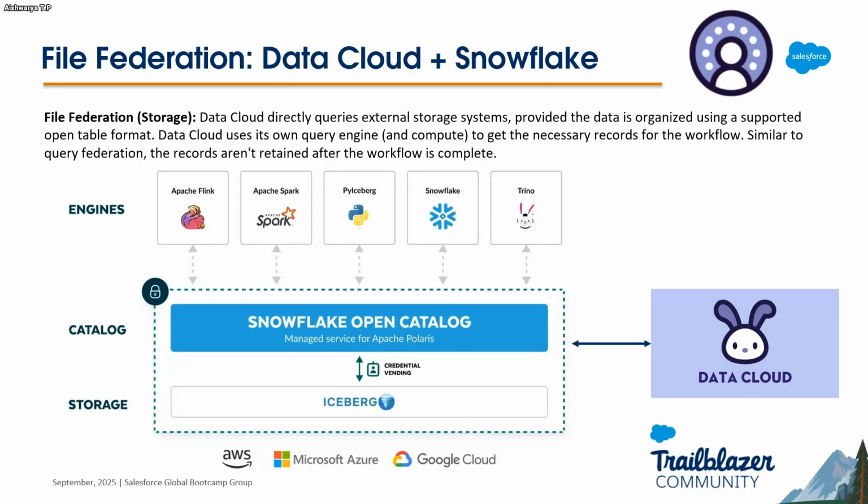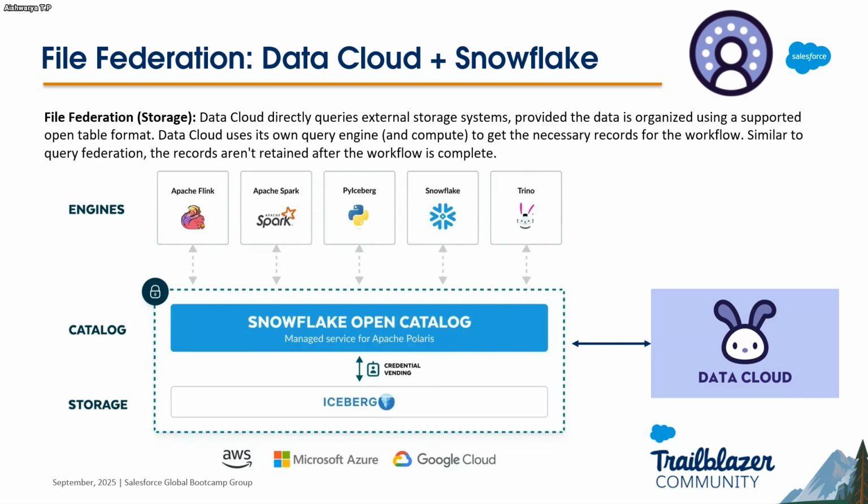If you already have a Snowflake account, there will be an open catalog for it, but you just need to enable it and get the access related things done. Once that is done, you have a separate login for Open Catalog and a separate login for Snowflake, but both of them are interlinked.